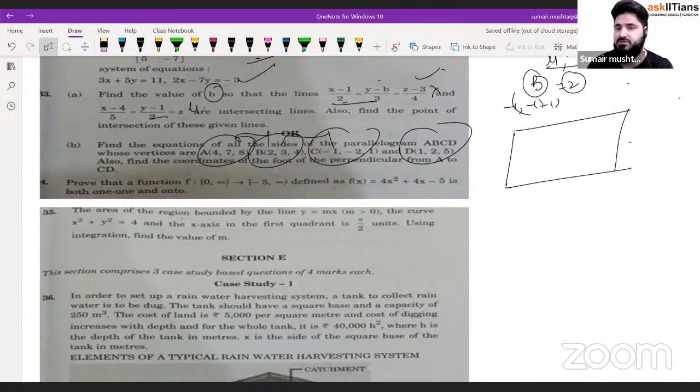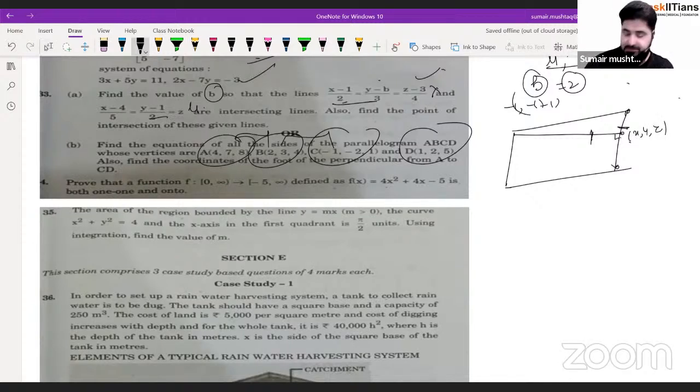How to find the coordinates of the foot of perpendicular? Very easy. If it is perpendicular, the product of the slopes of this and this is equal to -1, isn't it? Or the direction cosines of these are such that their product is 0. Let us suppose this point is XYZ.